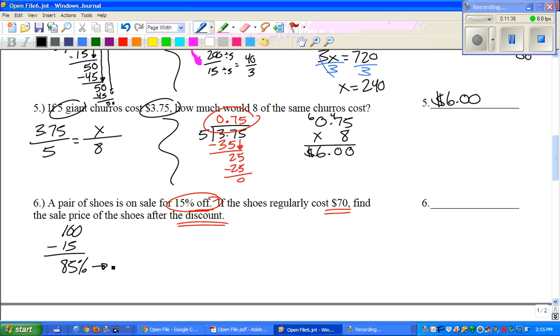We want that number as a decimal, and then you're going to take 85 times 70. 0 times 5 is 0. 7 times 5 is 35. 7 times 8 is 56, plus 3 is 59. We have 2 numbers behind the decimal. So you would be paying $59.50 for that product. Okay?